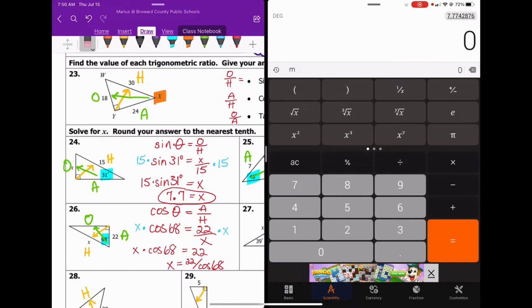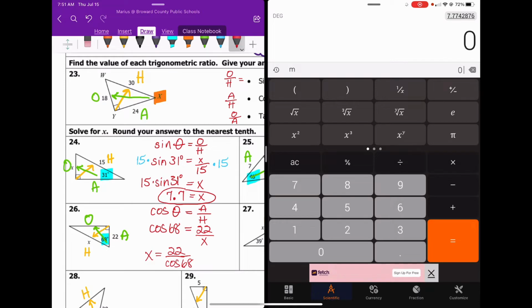let's just go back. So at this point, when x is in the denominator like this, when we're solving a fraction, we can go ahead and just write x equals 22 divided by cosine of 68, okay?